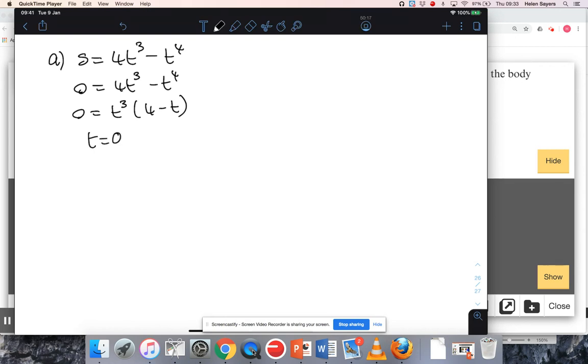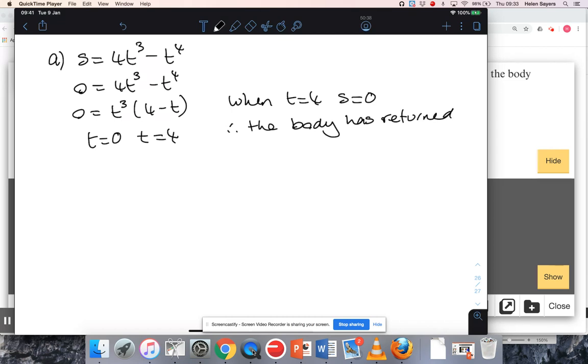So I get two solutions, t is 0, t is 4. So it was a show that question, so I've just got to write a conclusion. So when t is 4, s is 0, therefore the body has returned to the start position. Okay.